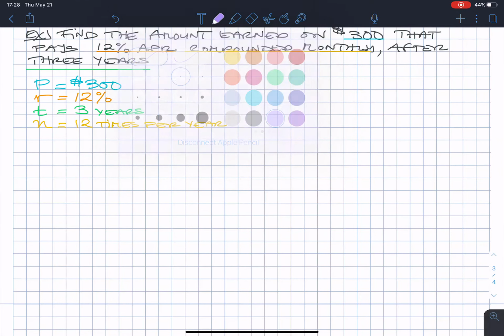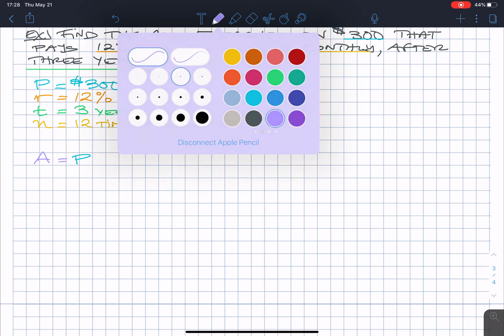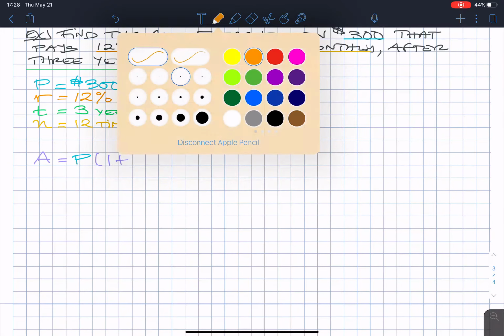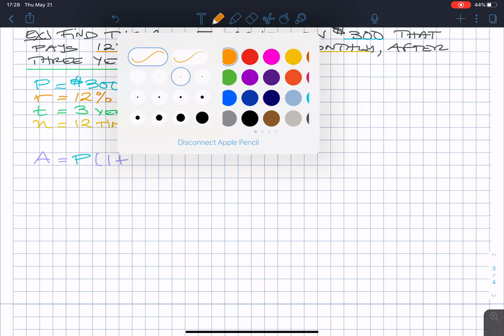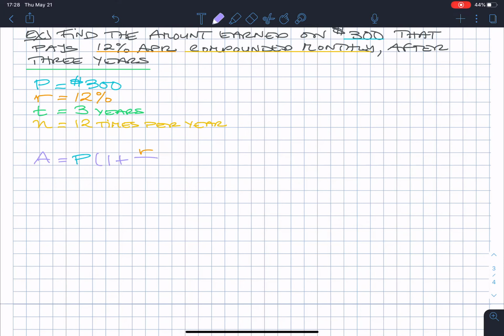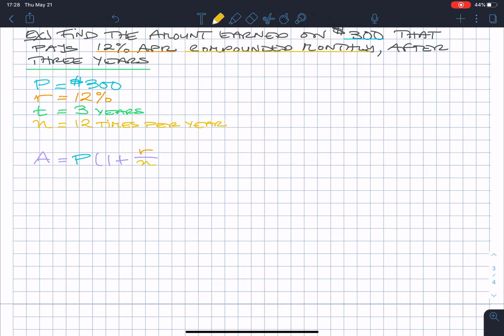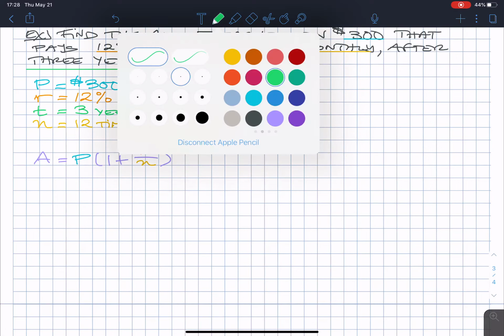Okay, so what is the amount? The amount is going to be the principal P times the quantity 1 plus the quotient, rate divided by n. Then we're going to raise that whole thing to n times t. Okay, so let's go ahead and plug all this in.